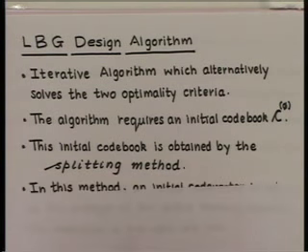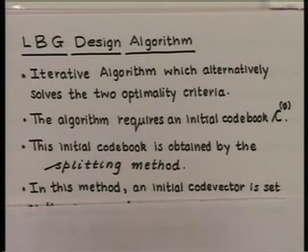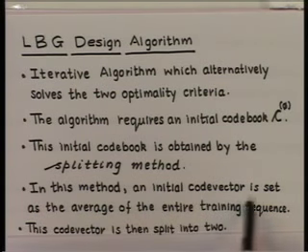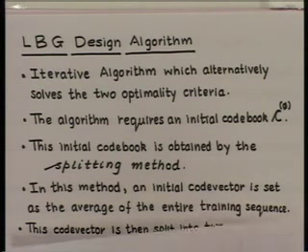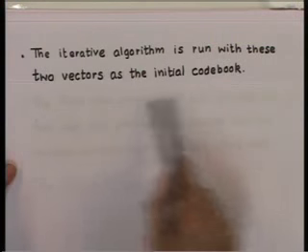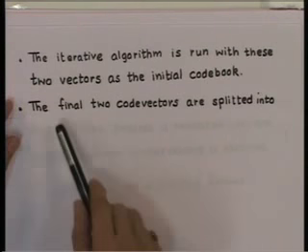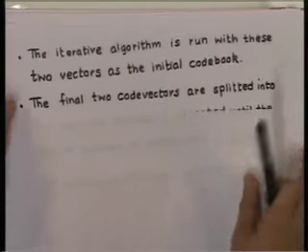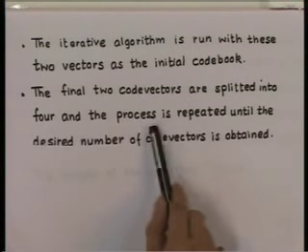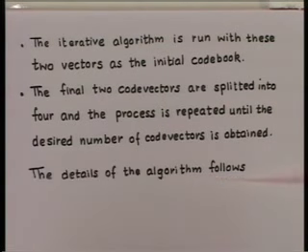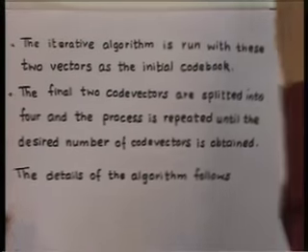In this method, an initial code vector is set as the average of the entire training sequence, and then this code vector is split into 2. The iterative algorithm is run with these 2 vectors as the initial code book, and then the final 2 code vectors are split into 4, and the process is repeated until the desired number of code vectors is obtained. Now, the details of the algorithm follow.